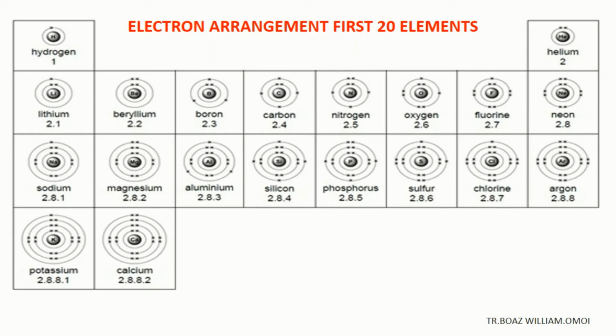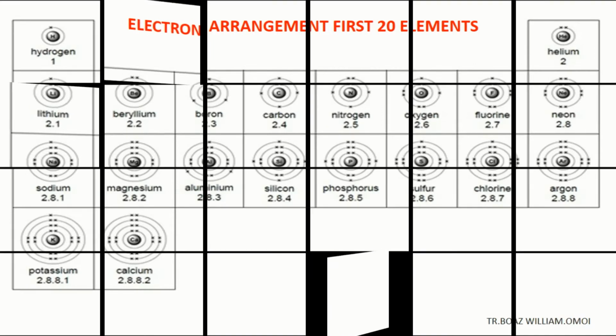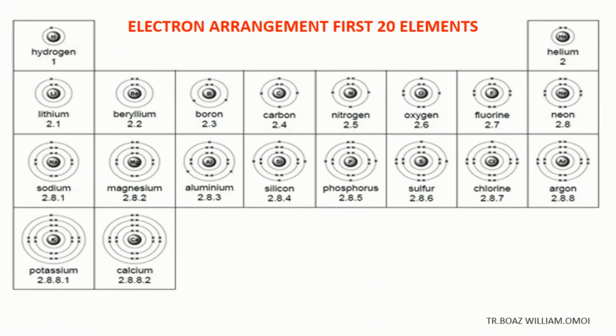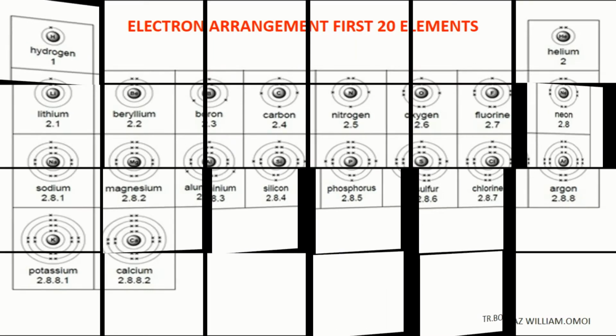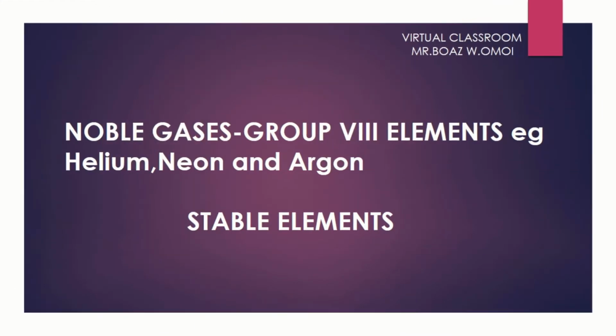It is stable with an octet state. And also argon 2-8-8 is also stable with an octet state. So those ones that I've talked about, helium, neon, and argon, they are stable. We call them noble gases. They are stable, hence they do not react easily.